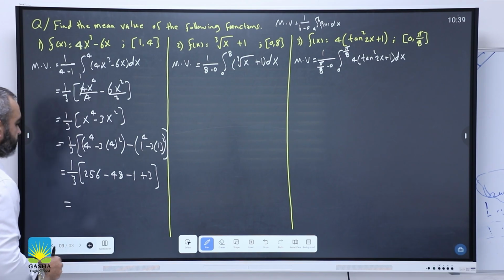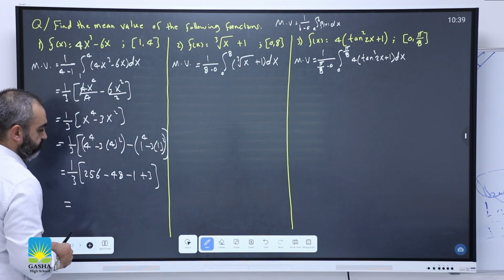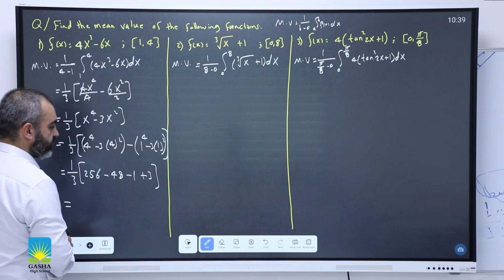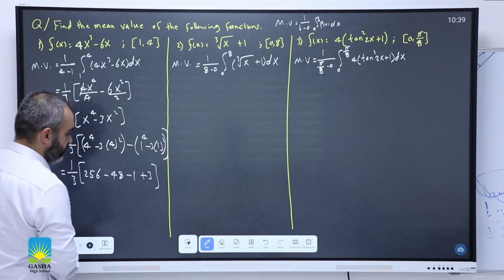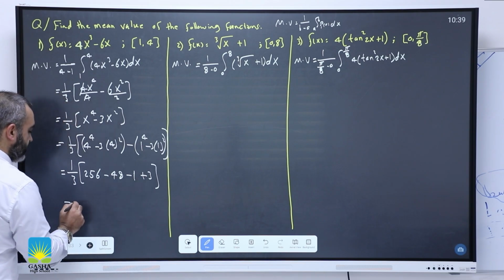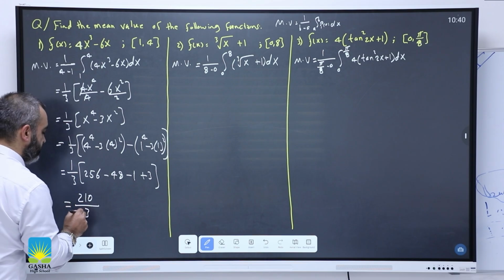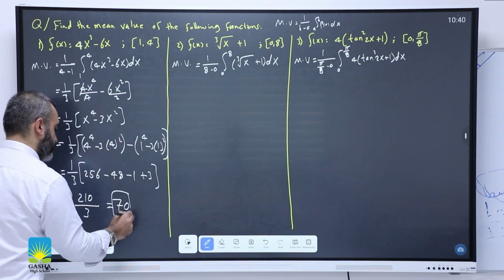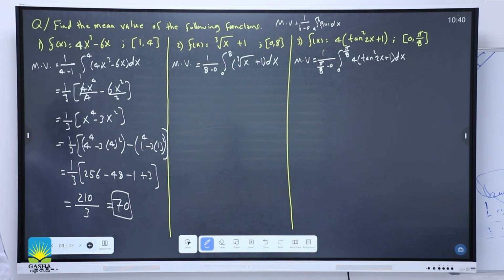I think this is 208 minus 1, 207 plus this, and this is 210 over 3, so this is 70, right? So this result means a mean value about this integral.